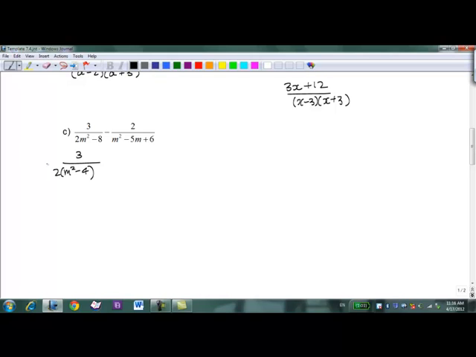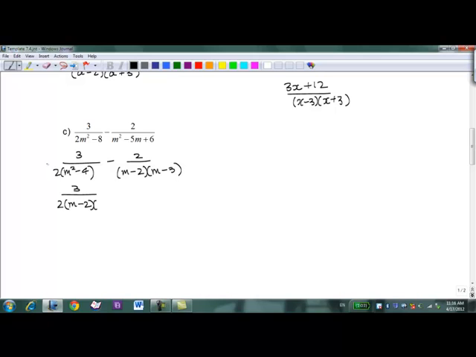I can pull out a 2 there. This factors into m minus 6. No, it doesn't. It factors into m minus 2 and m minus 3. I still have some factoring to do on the left-hand side here.